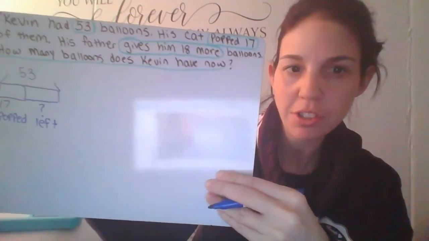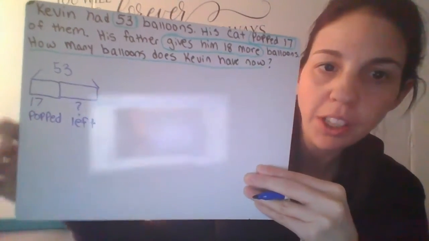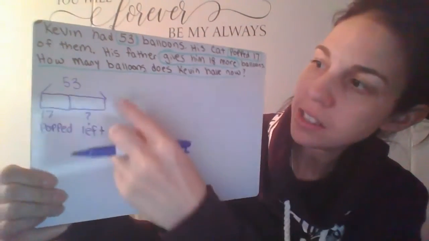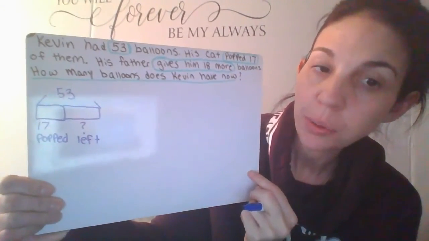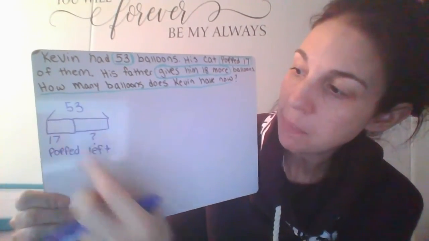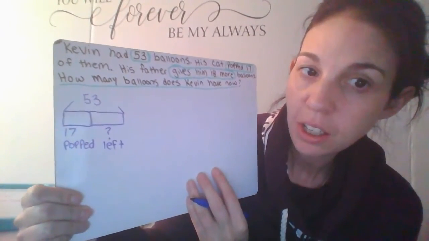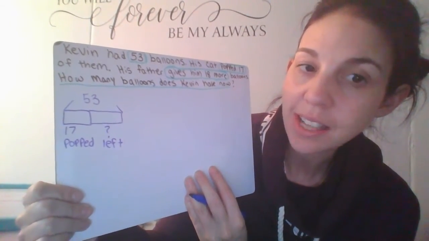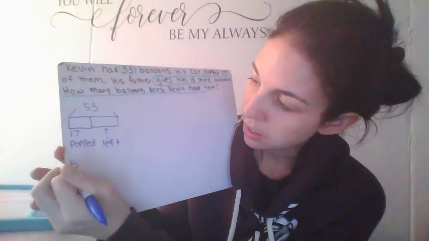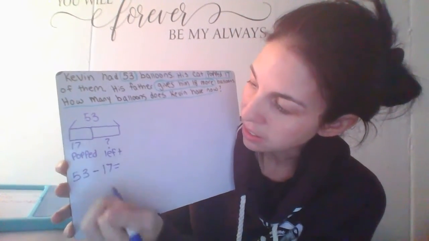It's okay if it doesn't match. This should be along the idea that we know the total, okay? So the total, he started with 53 balloons. We know that 17 of them got popped, and we don't know how many are left, okay? So the number sentence that would go along with this would be 53 minus 17.